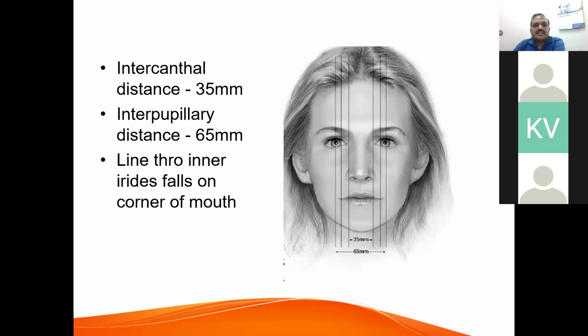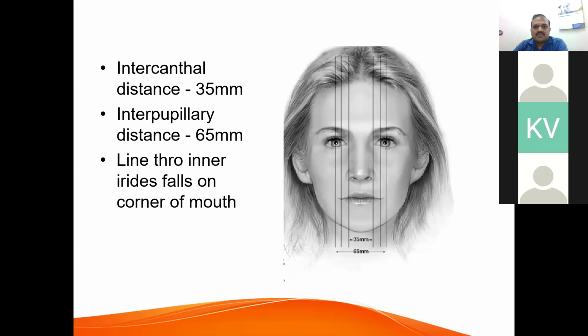So the intercanthal distance is 35 millimeters, and the interpupillary distance is 65 millimeters. So the line through the inner iris falls through the corner of the mouth. So the inner canthus is equivalent to the width of the alar base, and the line through the inner iris falls through the commissure.